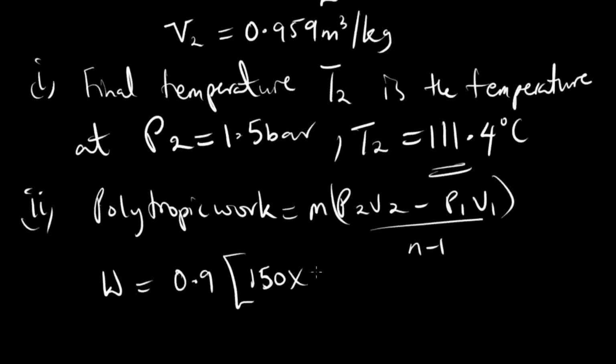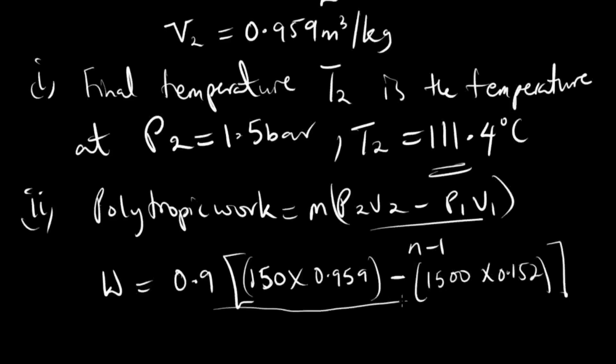To make your necessary conversion, you confirm this, minus converting 15 to kilopascal times, okay, let's use a valid bracket, not have numerous brackets. So we'll have that this is 150 times 0.959 minus 1500 times 0.152, all over 1.25 minus 1.